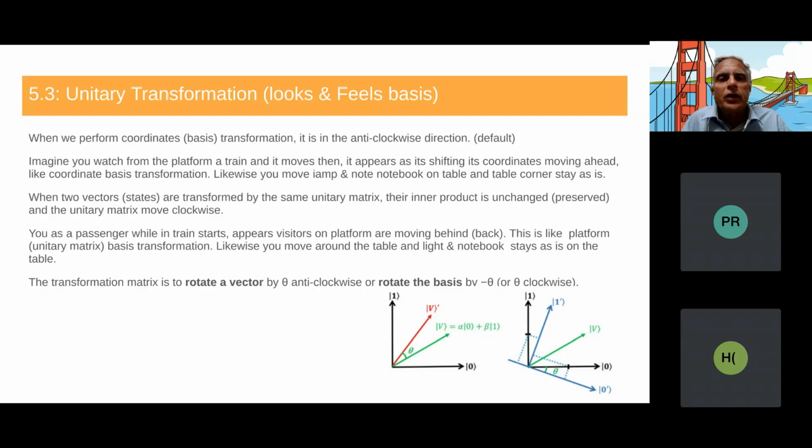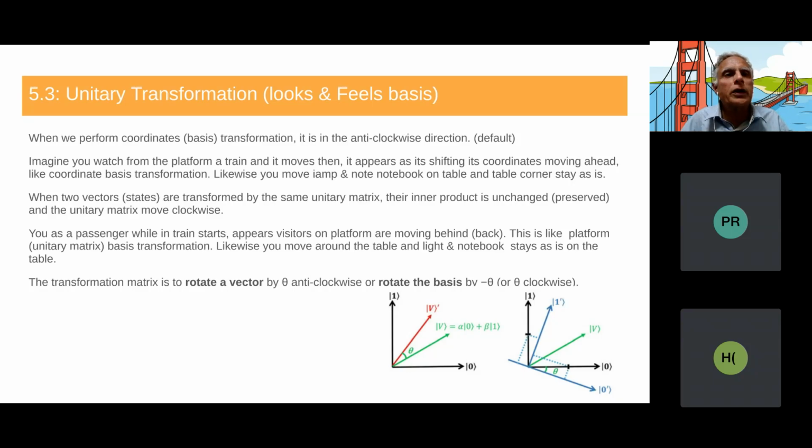So that is the default anti-clockwise direction depicted for spin-up. Now, from another perspective, why should I move the lamp and the notebook? I'm going to move the table.